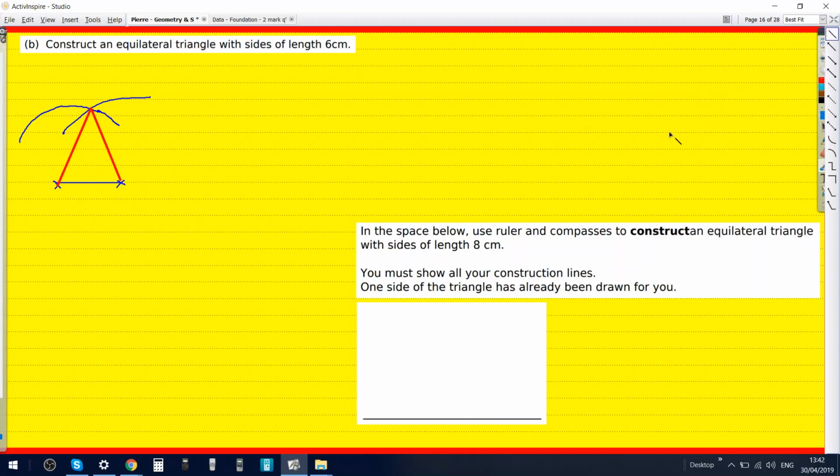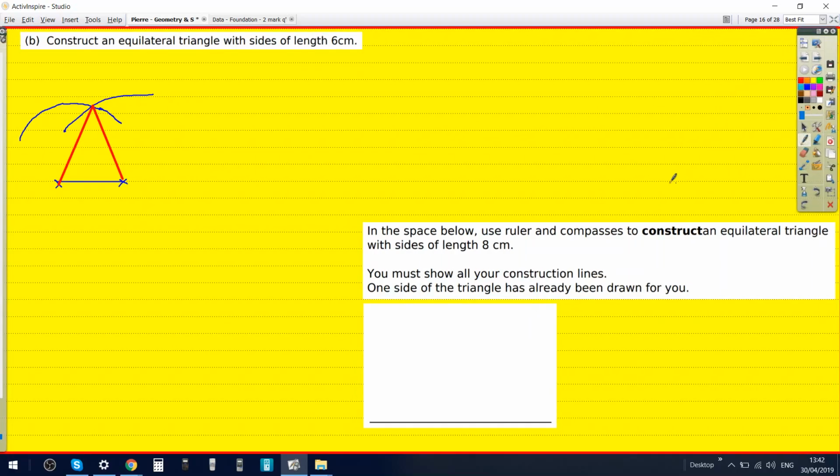So how would you do this one on the right? Use the ruler and compass to construct a triangle with sides 8 centimeters. So, like you said, use a compass. First of all, you would draw a line 8 centimeters along for the base. They've provided one.